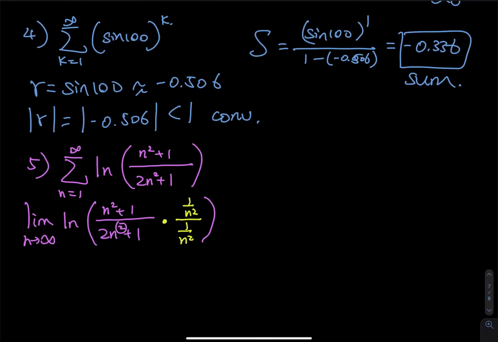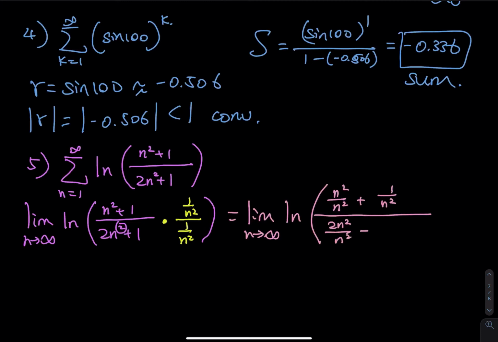And then you have to multiply by 1 divided by n squared. So this is equal to the limit as n approaches infinity of ln of (n squared divided by n squared plus 1 divided by n squared), over (2n squared divided by n squared plus 1 divided by n squared). By the way, the n squared in the denominator, they are all the yellow n squared. This is ln(1 plus 1 over n squared) over (2 plus 1 over n squared).